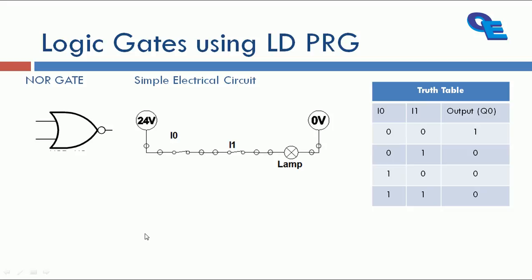When I0 or I1 is open, the circuit is going to be open, and output will remain in off condition. When both are not operated, meaning they remain in normally closed condition, output goes to high condition.